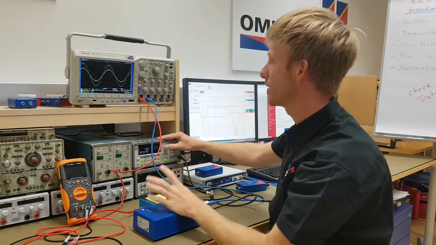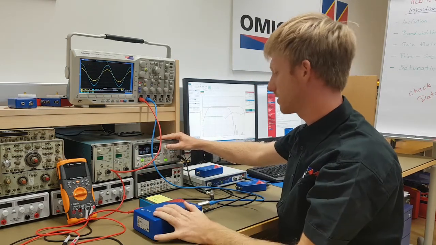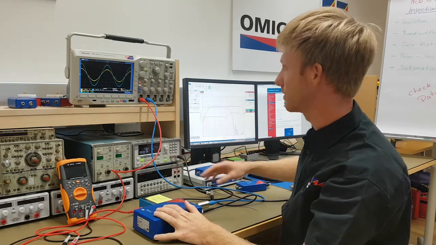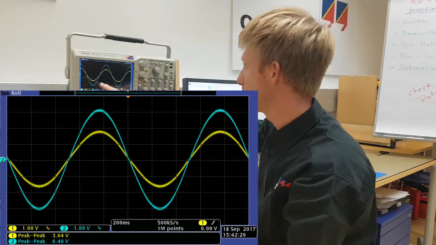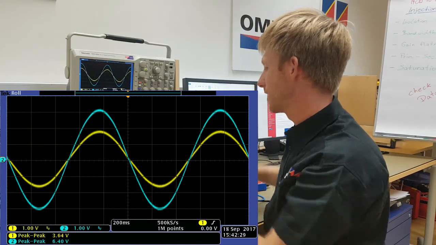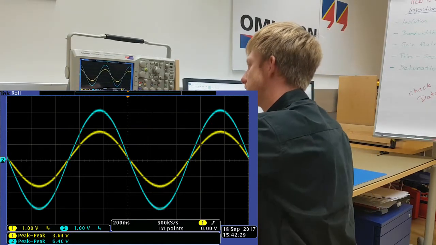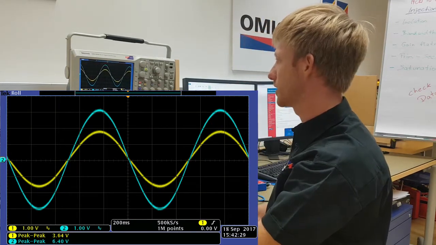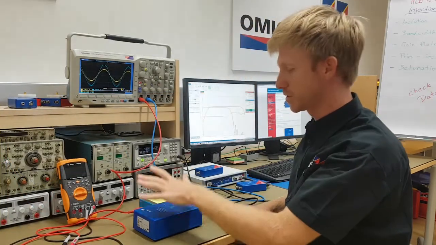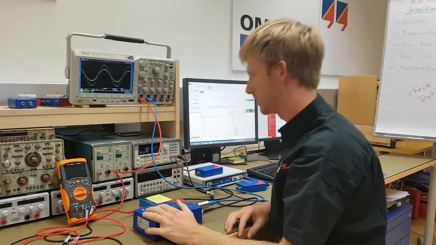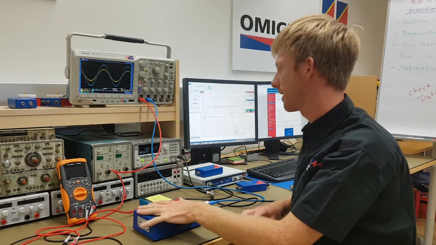With a clean sine wave, the B-LFT injection transformer is now injecting into the secondary side 6.4 volts peak to peak, and product R is injecting 3.7 volts peak to peak. So it's roughly 30% more that the B-LFT is injecting right now.